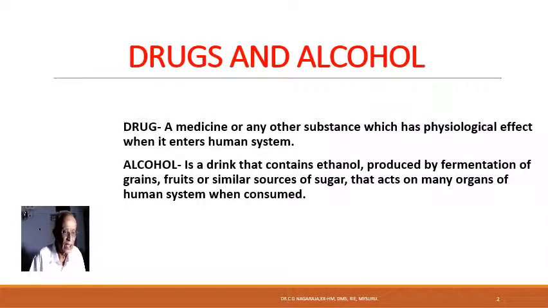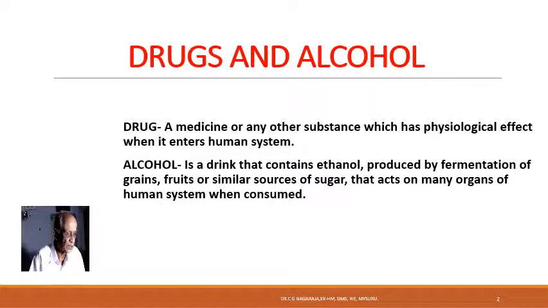It should be as a drink, liquid form that contains ethanol. Ethanol is a product produced by the microbial activity on the sugar containing substances. That may be from the grains or it may be from similar sources or fruits, etc., where sugar is there.